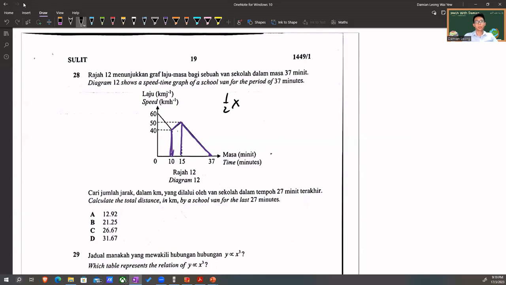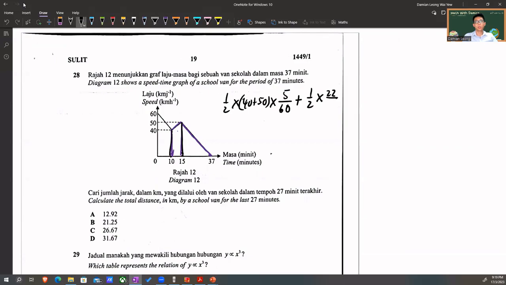So half times sum of parallel sides. 40 plus 50 times 5 minutes. But because speed is km per hour, minutes I have to change to hours. So divide 60. Plus half times base times height. 15 to 37 is 22.